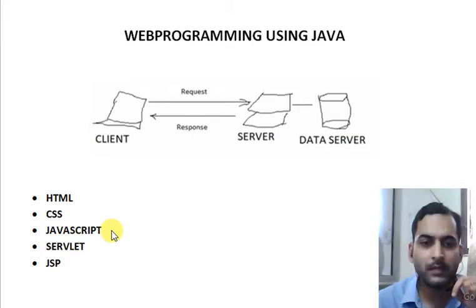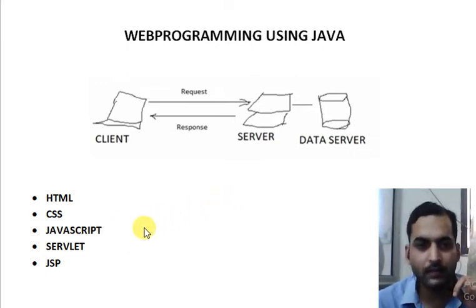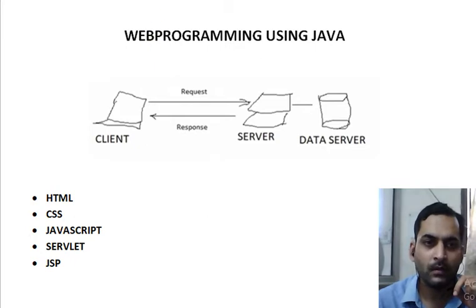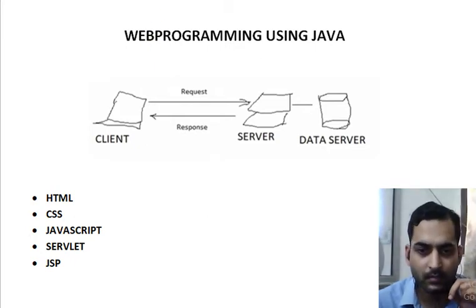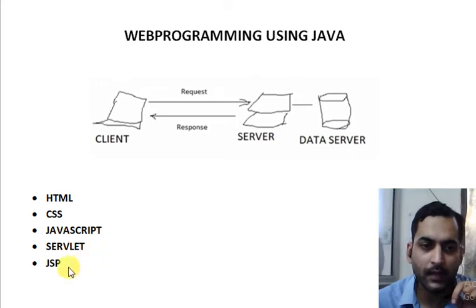Nowadays it is available in many variants like Angular JavaScript, Node JavaScript. Using them we can develop a full website, but here we are talking about the basic JavaScript, right? And then comes the Servlet and JSP.